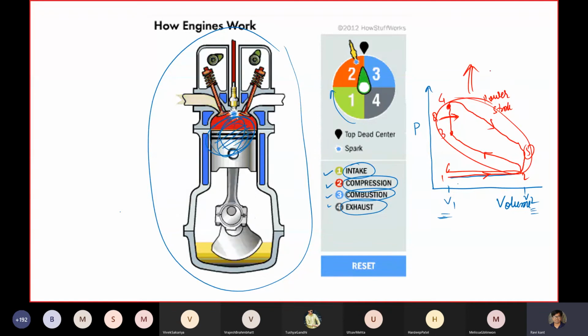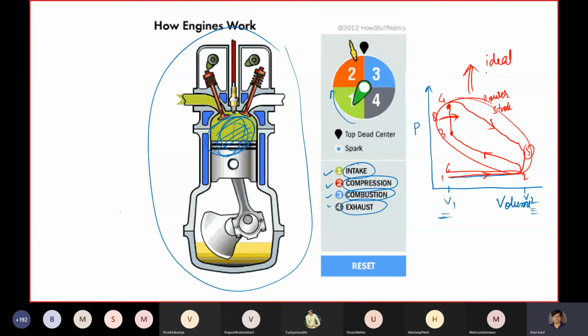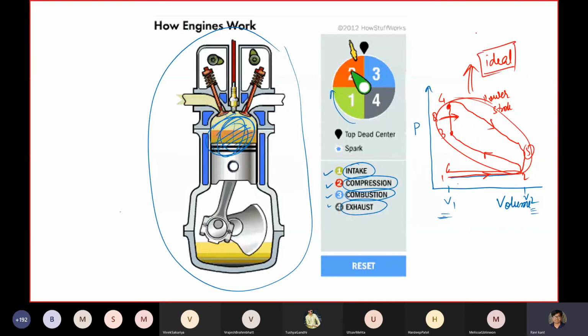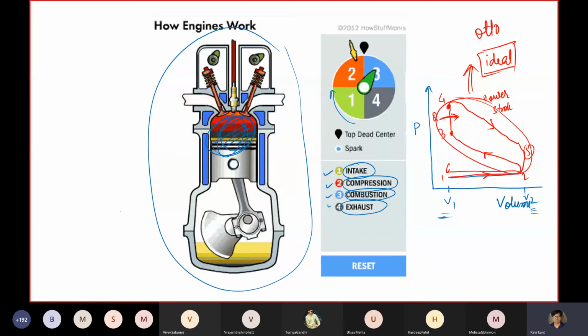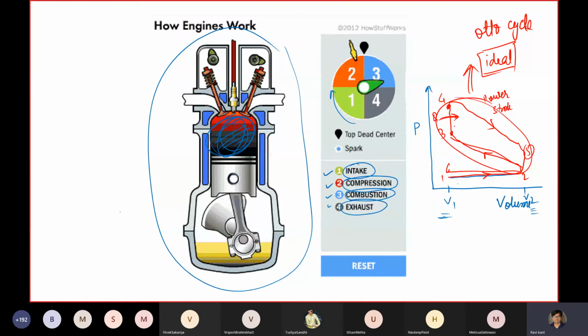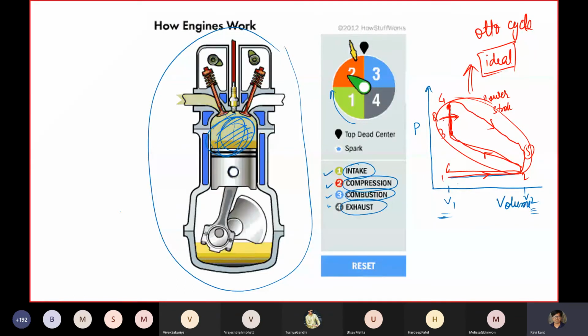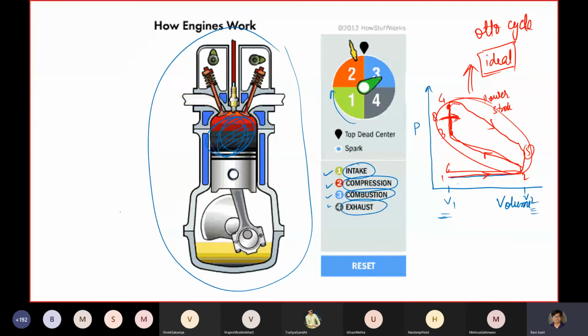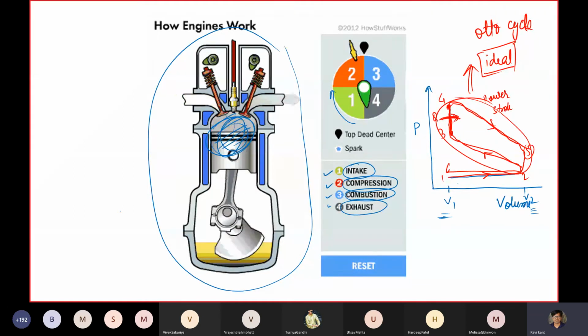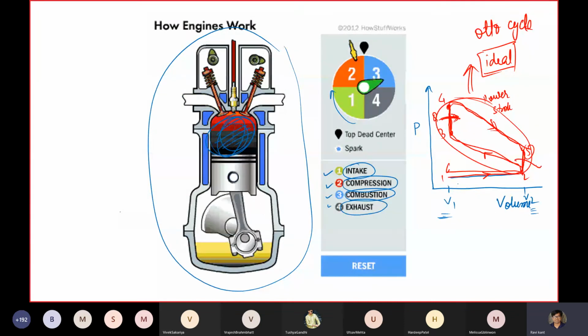This is a real cycle, but ideally it is assumed as an Otto cycle with some thermodynamic components involved. It goes isentropically, then isochorically the heat is added, then isentropically the expansion is done, and then isochorically the exhaust, the Q out, is put out.